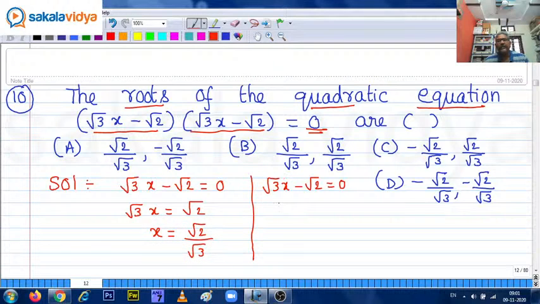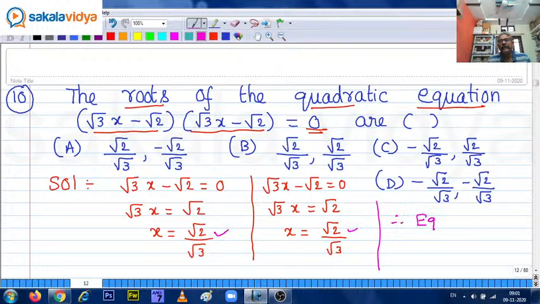In the similar fashion, root 3x equals root 2, so x equals root 2 upon root 3. What are your observations? Actually these two are equal, or equal roots. Each equal to root 2 by root 3. So that means option B is the right option.